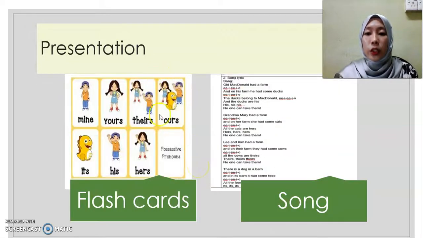Next, for presentation, I used flashcards to explain the meaning and the use of each possessive pronoun, and I also remade the original song Old MacDonald into a modified version to make the pupils understand the lesson better.